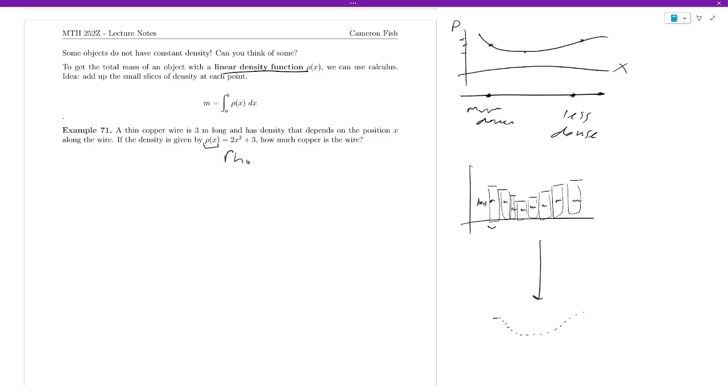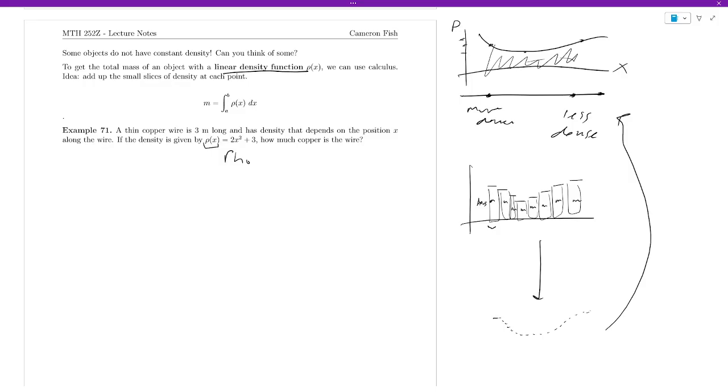If I get smaller and smaller flat chunks, that's approaching the continuous total mass. That's the idea. It's cool, I think, to have that big picture in mind. However, to actually do the problem, it's pretty simple. You just have to know that you're supposed to integrate the rho function.